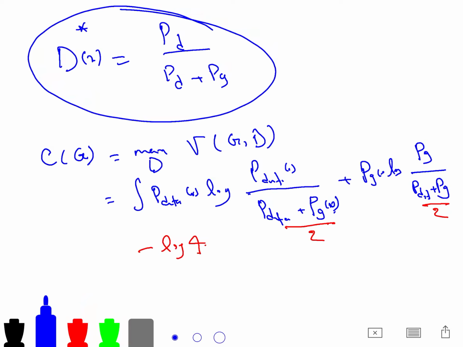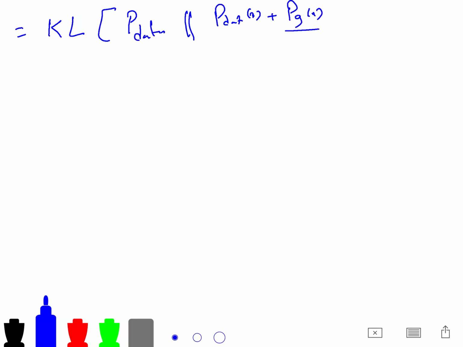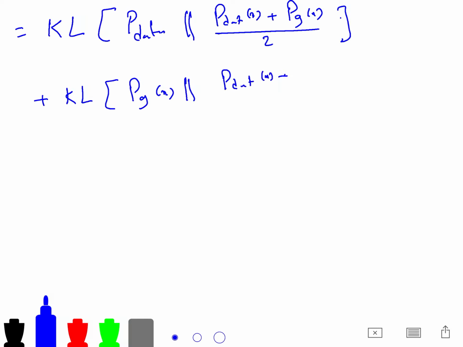So if you work on this at home, you may notice that this is just the KL divergence of p data and p data of x plus p generator of x divided by 2, plus KL divergence between p generator of x and p data of x plus p generator of x divided by 2, minus that log 4 that we created.